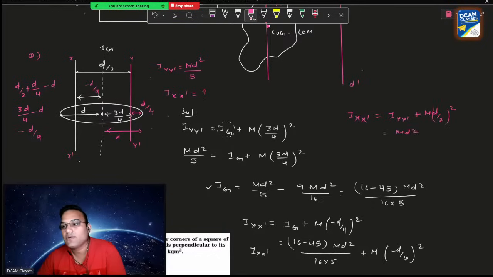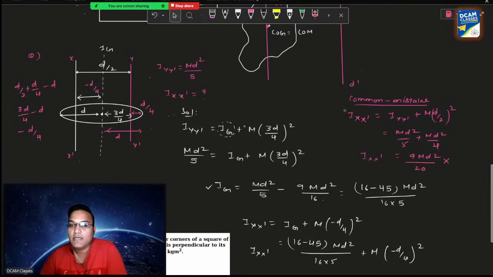It's md square by 5 plus md square by 4. Final answer 9md square by 20. And this is wrong, totally wrong. This is a common mistake that students do, and I want you not to repeat it.